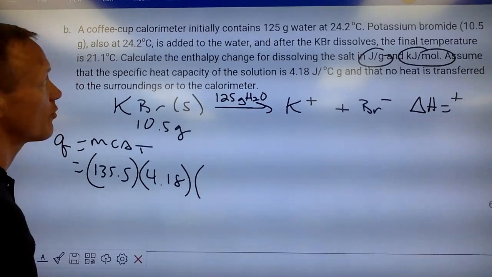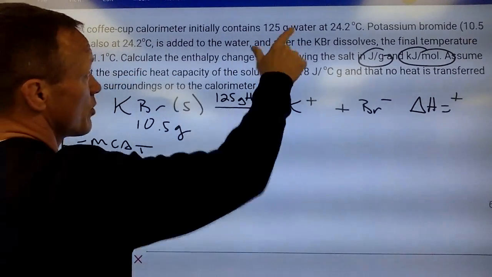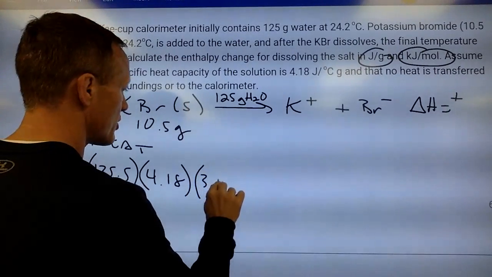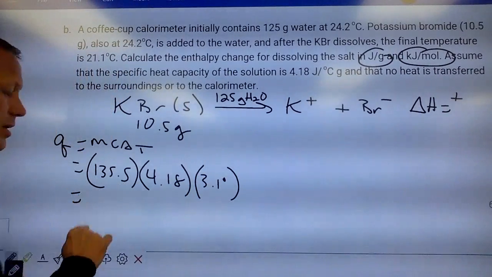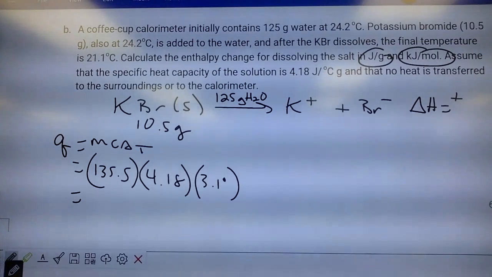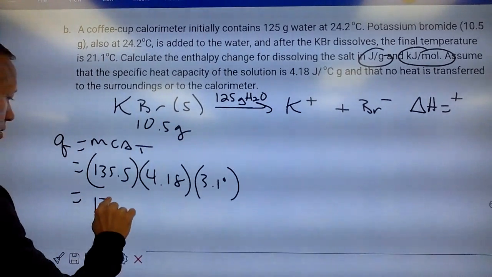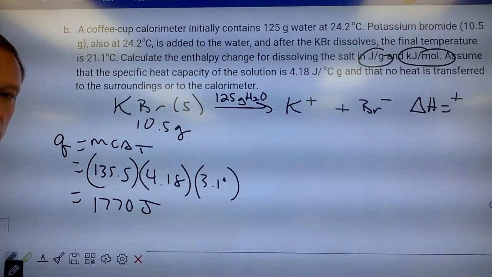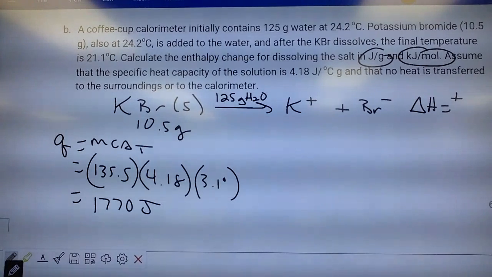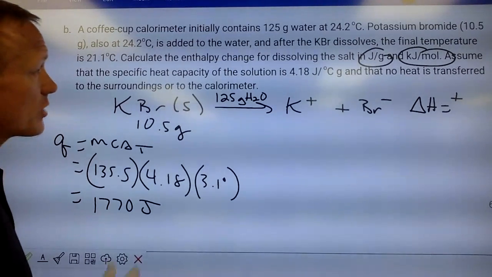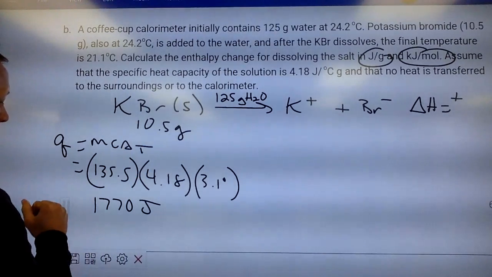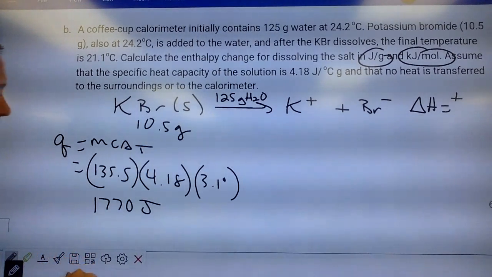And our change in temperature, 21.1 minus 24.2, would be negative 3.1 degrees Celsius. And our joules there are 1,770 joules. Remember, that is the heat that is lost by the water, gained by the KBr. So we'll say it's a positive value for the KBr.